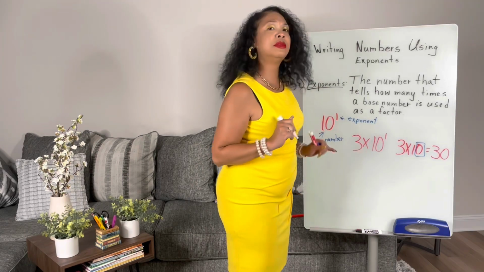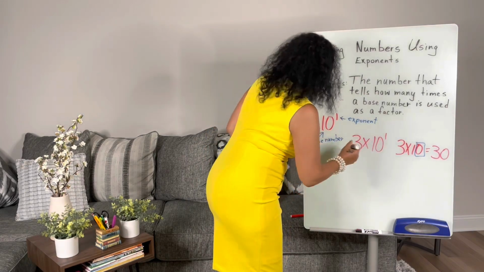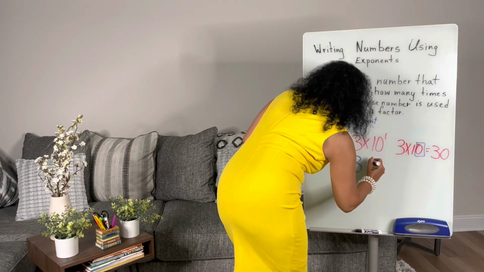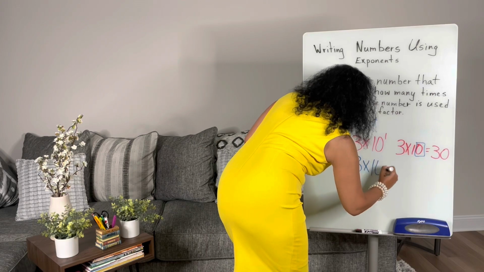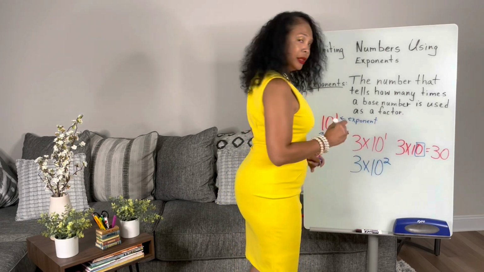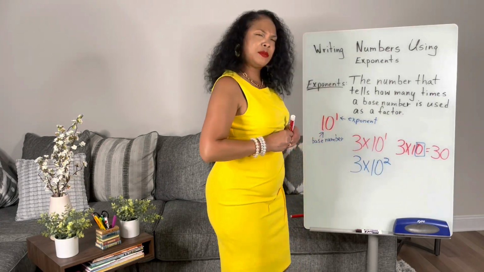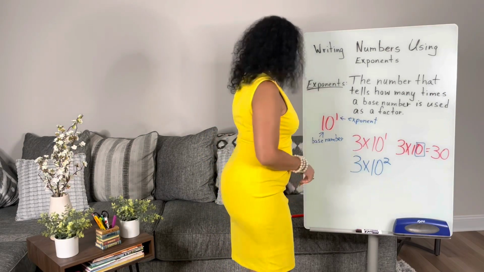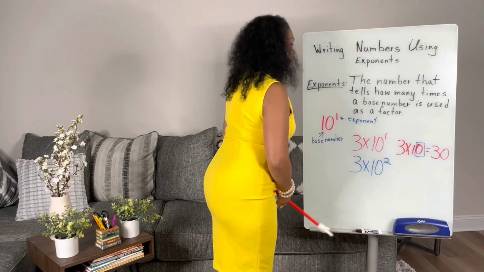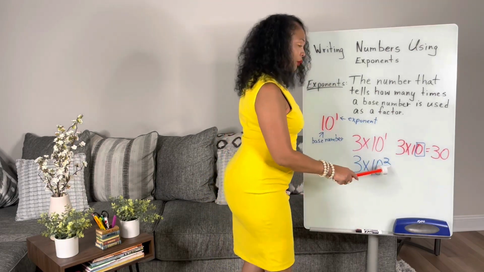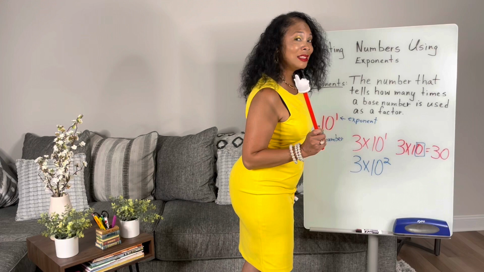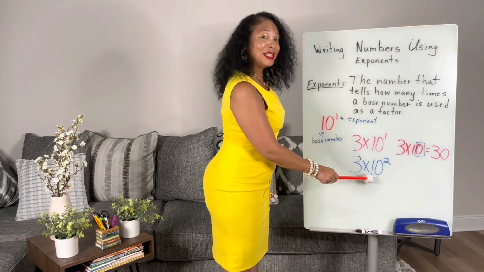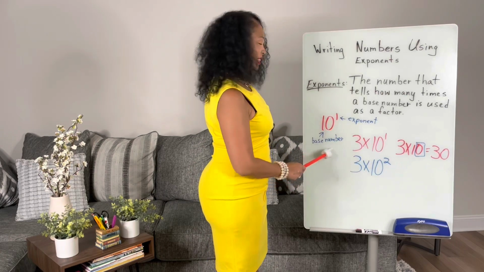Now let's use another example. We're going to keep the whole number 3, and this time we're going to multiply it by 10 to the second power. Which one is the exponent and which one is the base number? Let me get my little pointer here. 2 is the what? Exponent. And 10 is the what? The base number.